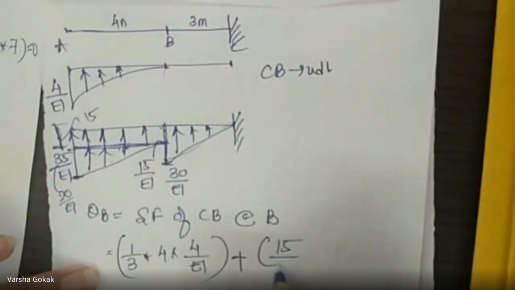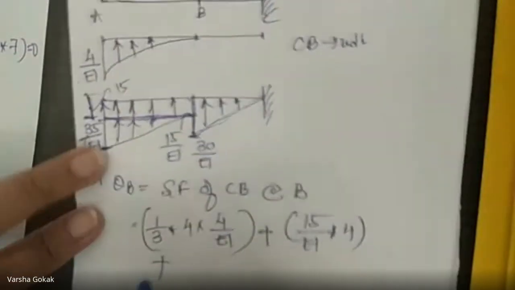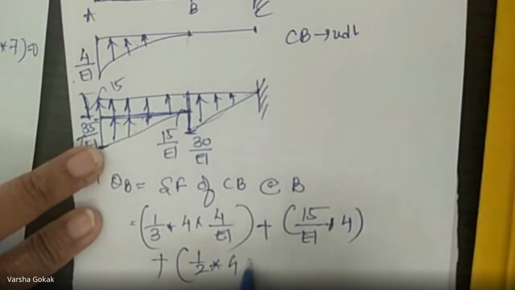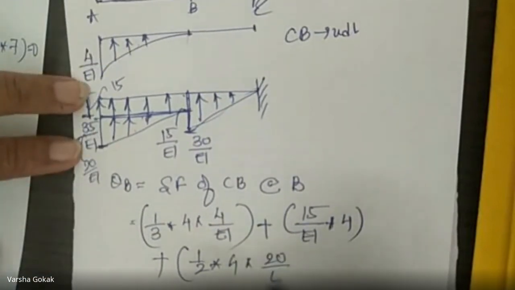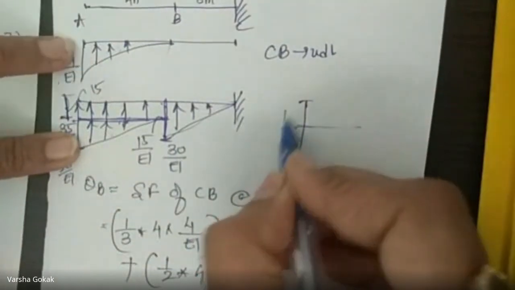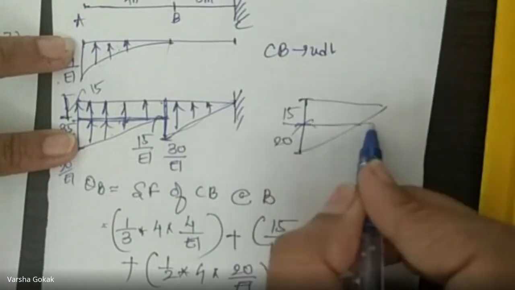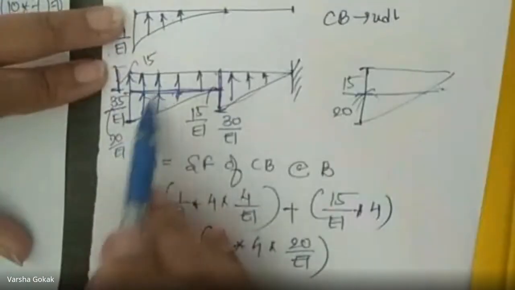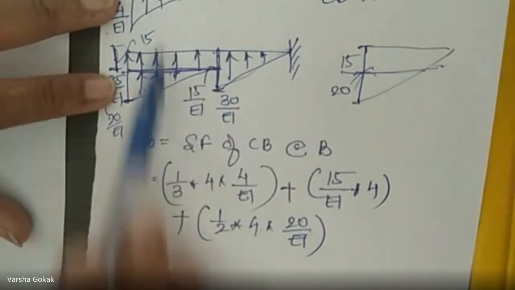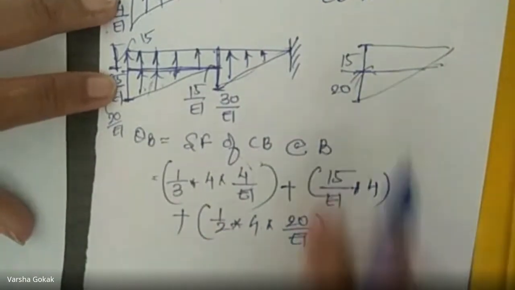Plus for this triangle, it is going to be half, base is 4, height is 20 by EI. Total it is like this, so this becomes 15, this becomes 20. So half base into height, that is half 4 into height. This is for this beam and this is of the rectangle.